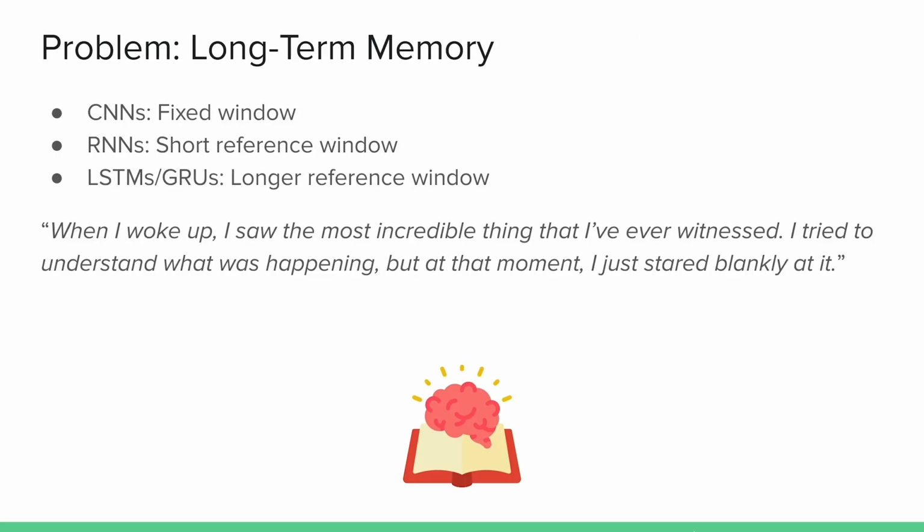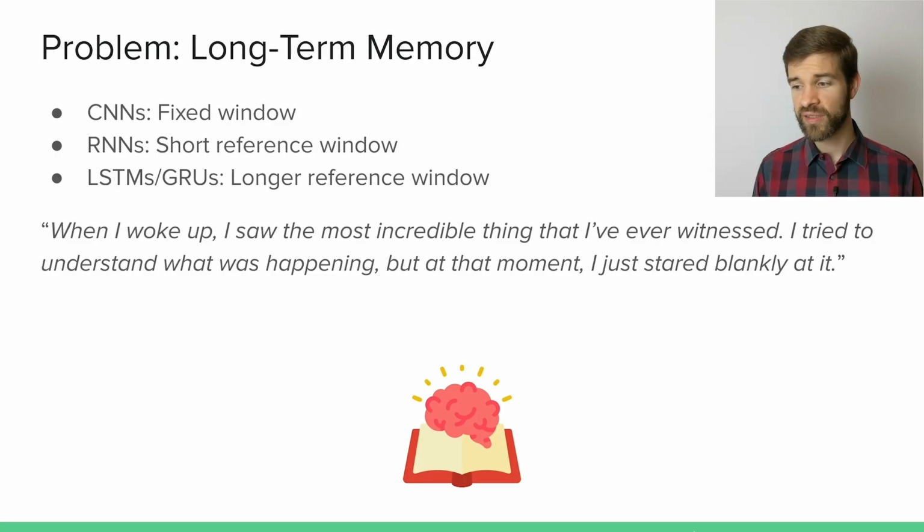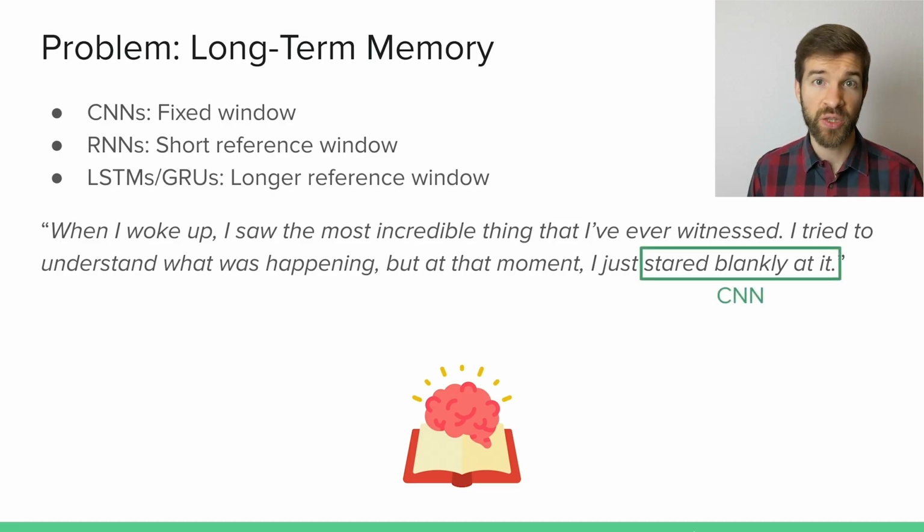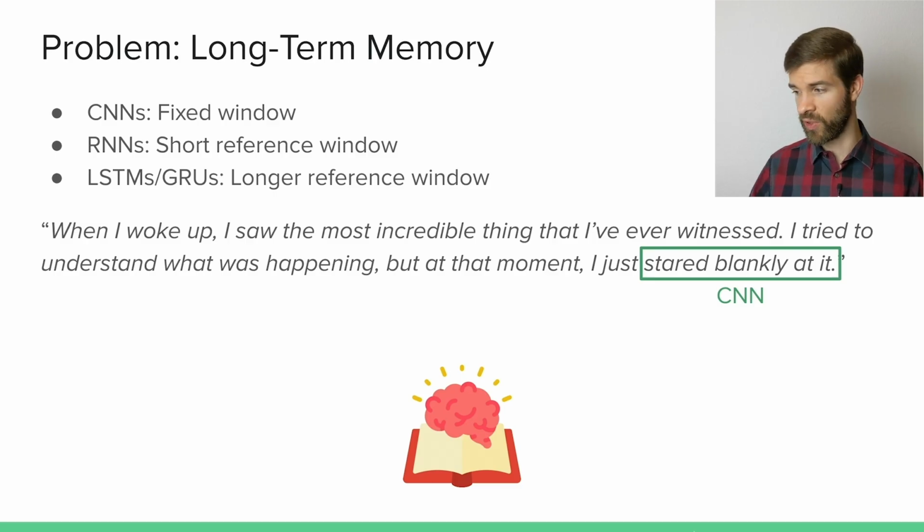So when you think about this long-term memory, we can tackle it in different ways. If we have a CNN, typically we have a fixed-size window. We can use CNNs for sequence processing just like recurrent neural networks if we have, say, a fixed window size. Say we have 4 words, then we always see 4 words at a time, and then we can process that.